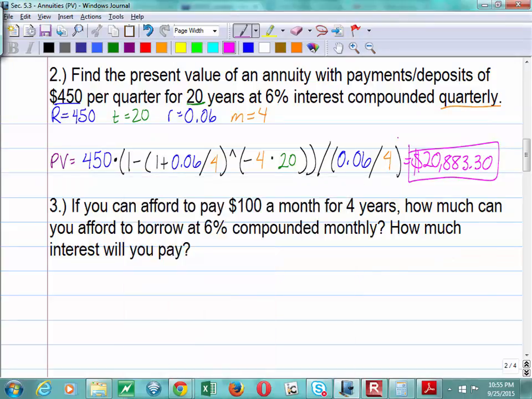So that's how much you would have to have in an account now in order to make withdrawals of $450 per quarter for 20 years.